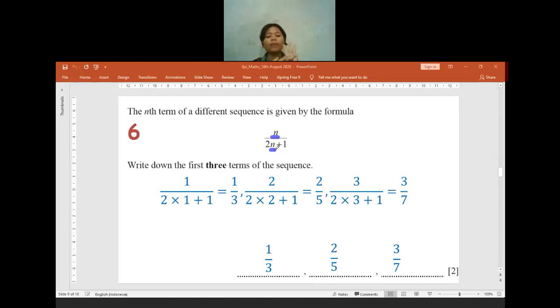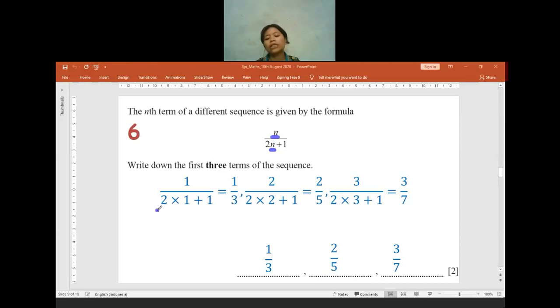That's why the letter n we replace with 1 for the first term, with 2 for the second term, and with 3 for the third term. So here the first term will be 1 per 3, the second term will be 2 per 5, and the third term will be 3 per 7.